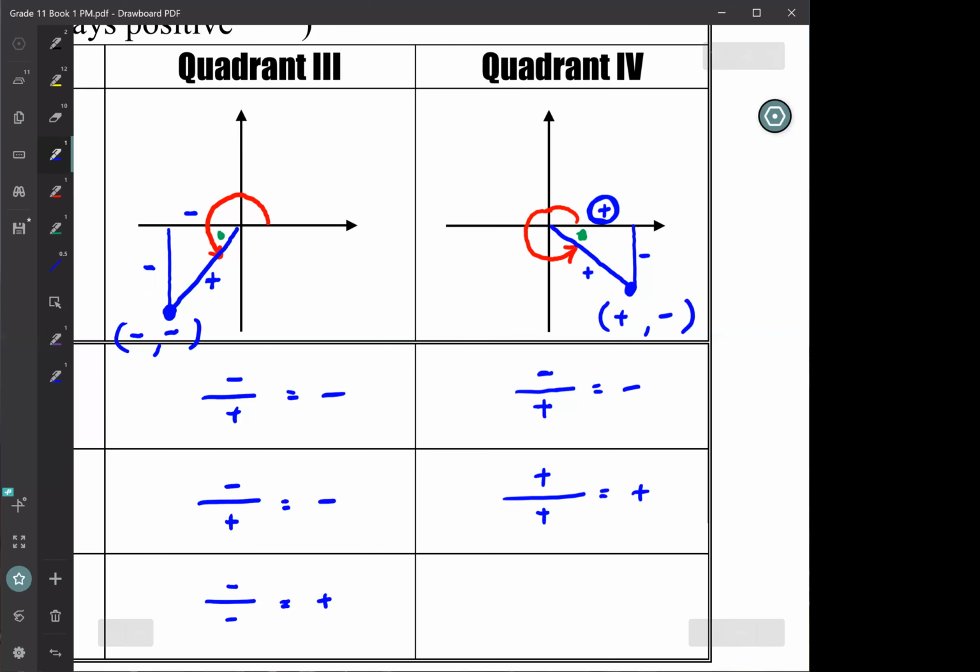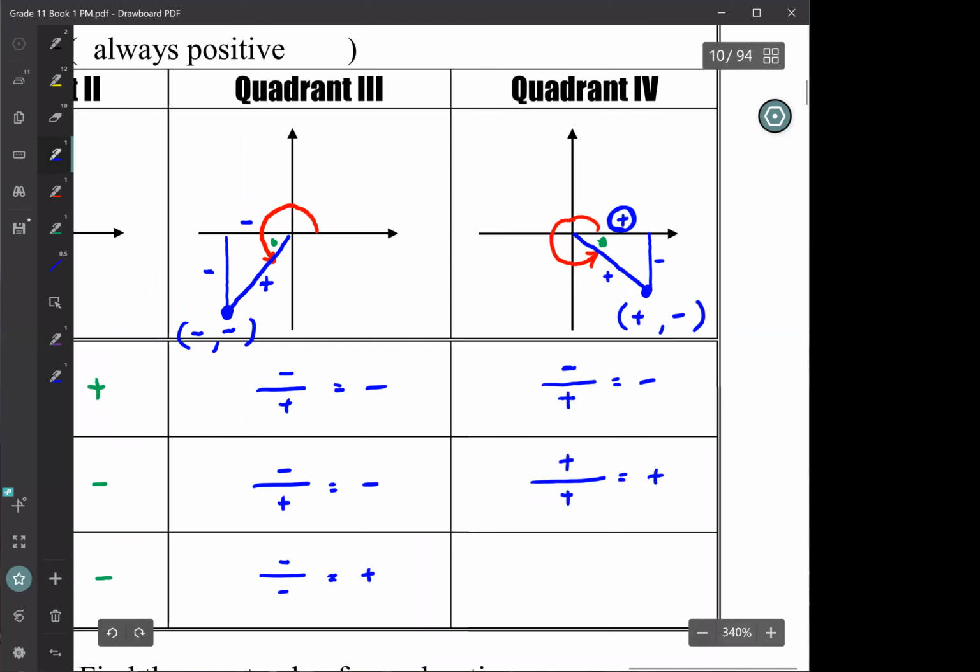How about you try one more time? What about tangent? Opposite over adjacent. So negative over positive, which will be negative.